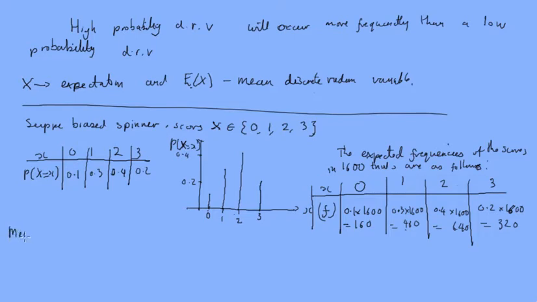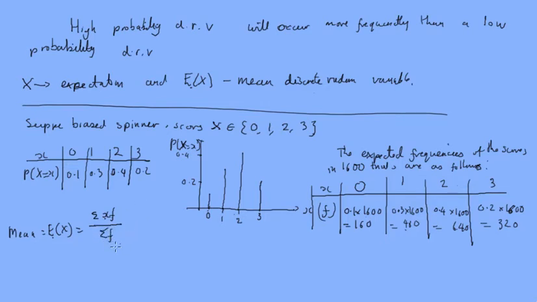So the mean is the same as our expected value. What do we expect the spinner to fall on? And from before, we can calculate the mean by the sum of x, the value times its frequency, all over the sum of the frequencies.